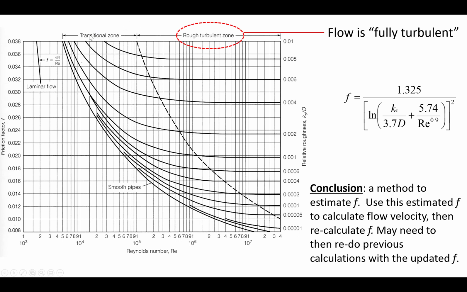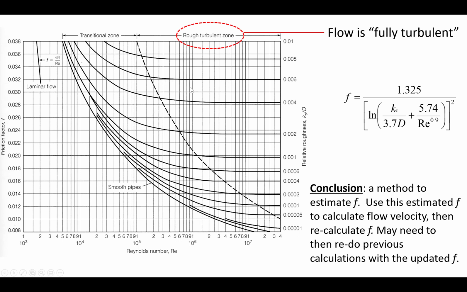Okay, so the transitional zone and what it's called here the rough turbulent zone, there's this dividing line, and that dashed line kind of divides the section of the figure where the F value is affected by Reynolds number. So an increase in Reynolds number is going to decrease the friction factor in that transition zone. But then once you get past this line, once you get to the right of it, it flattens out.